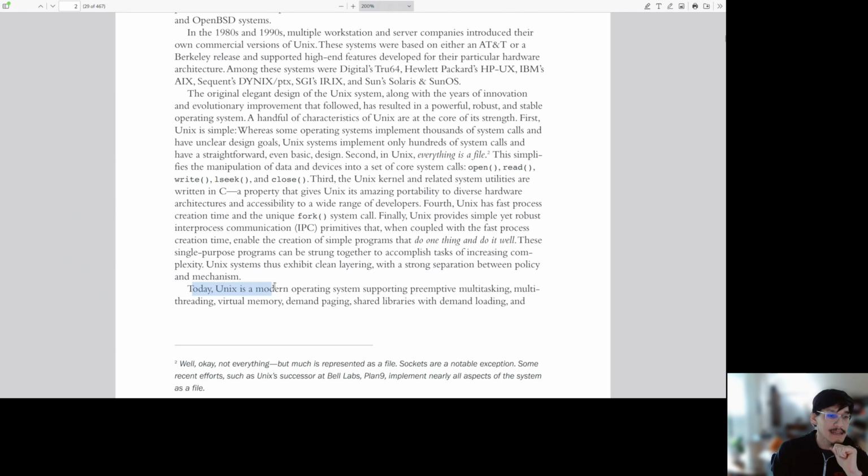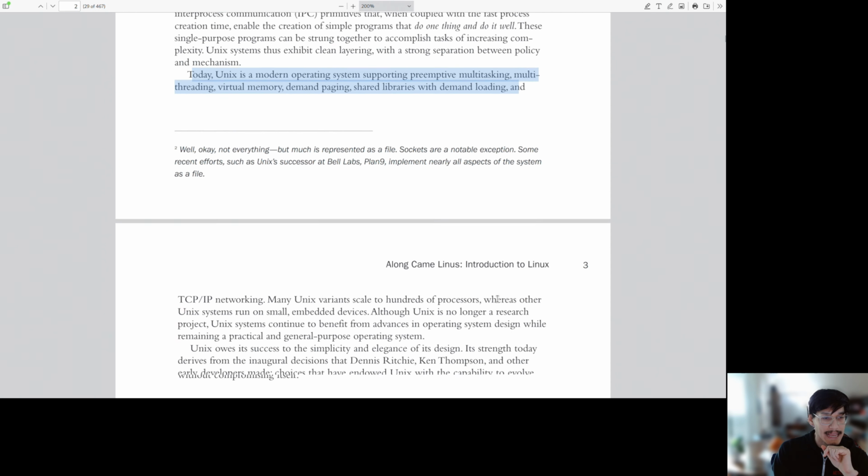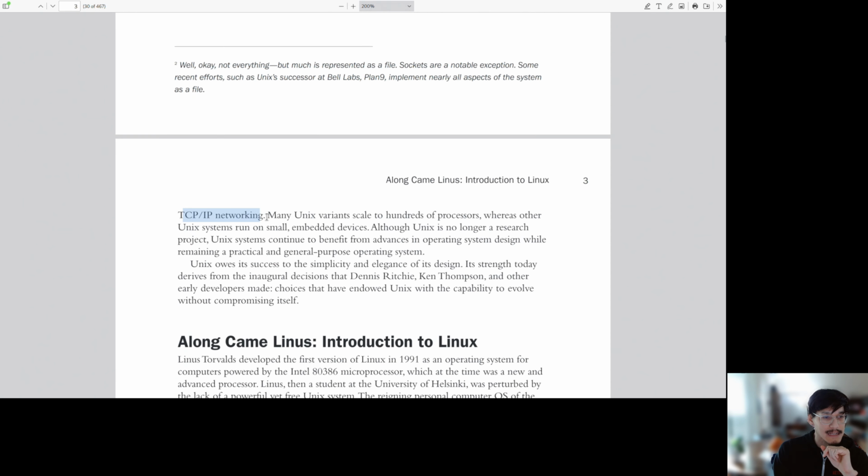Today, Unix is a modern operating system supporting preemptive multitasking, multi-threading, virtual memory, demand paging, shared libraries with demand loading, and TCP/IP networking. Many Unix variants scale to hundreds of processors, whereas other Unix systems run on small embedded devices.